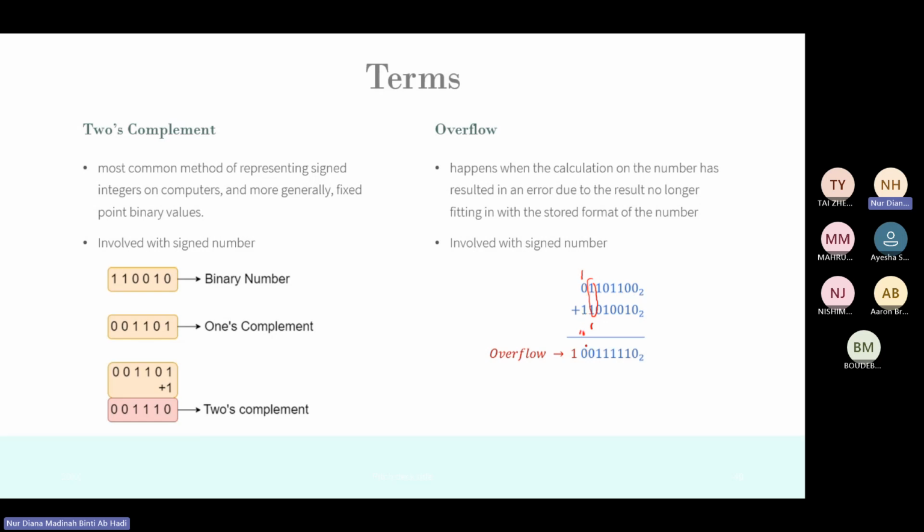You bring down your 0, you will have your carry out 1. When you go to the front, it will be your carry in, right? But this carry in does not fit inside all of these numbers. So this is known as an overflow when you drop it down into the place of your sum.